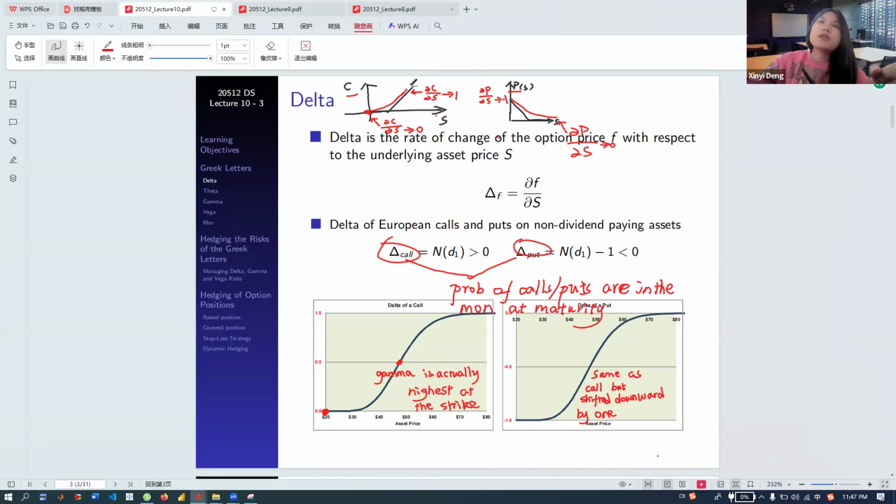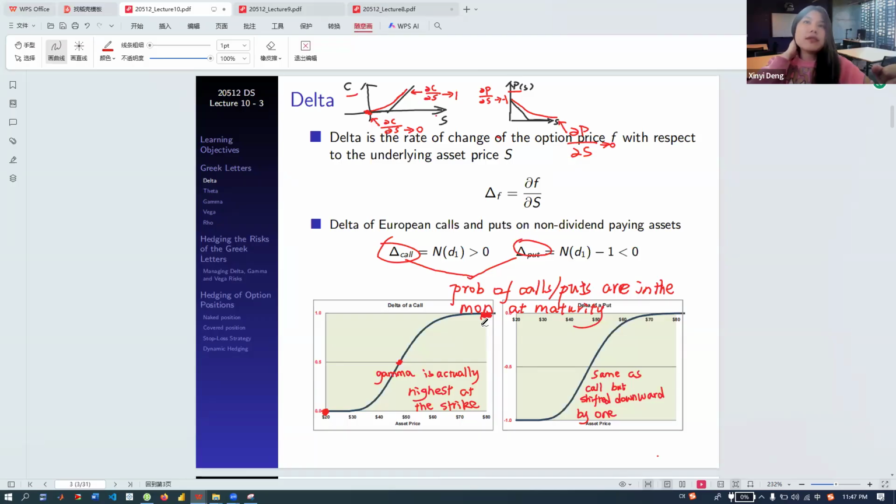So if it's approaching this line, then the slope will approximately go to 1 as well, right? So that's corresponding to this point in the figure below, meaning that the delta will approximately go to 1 if the option is deep in the money.